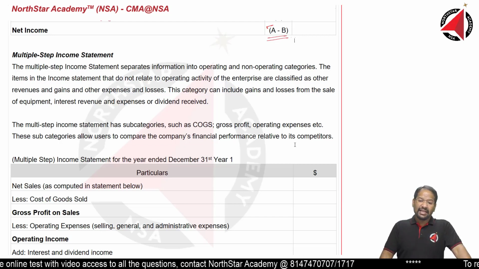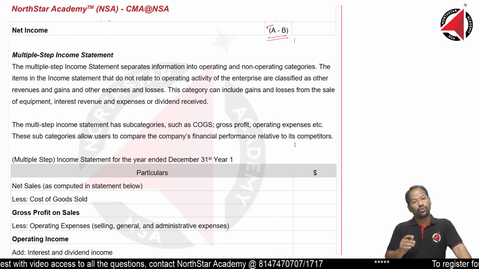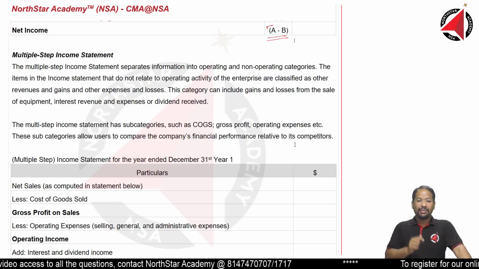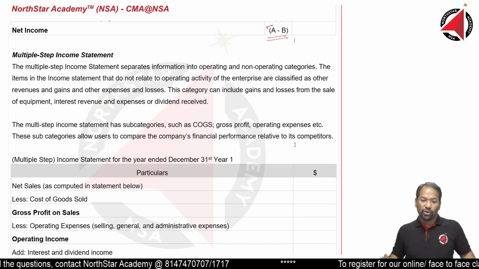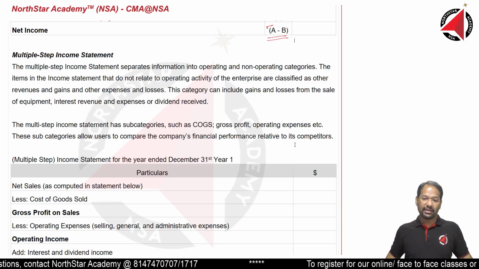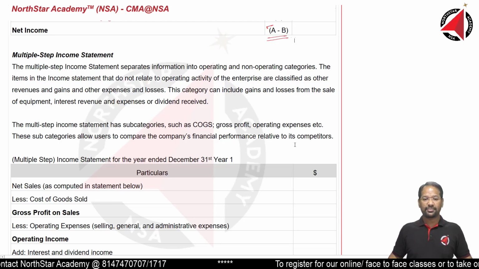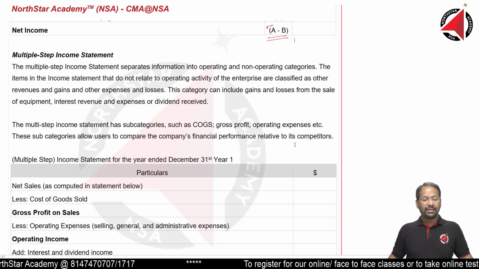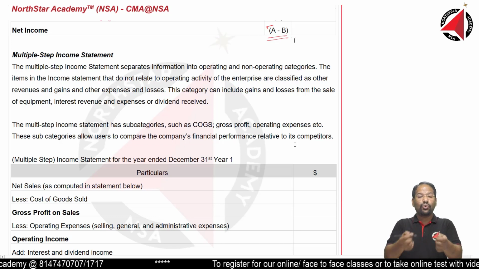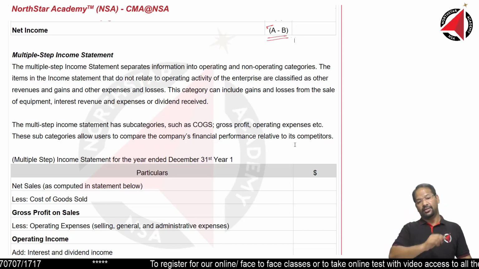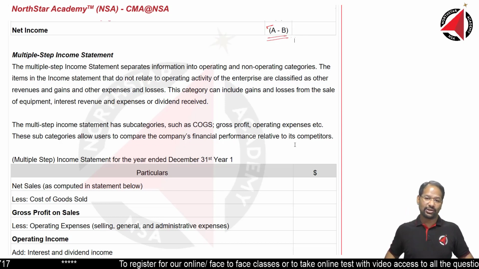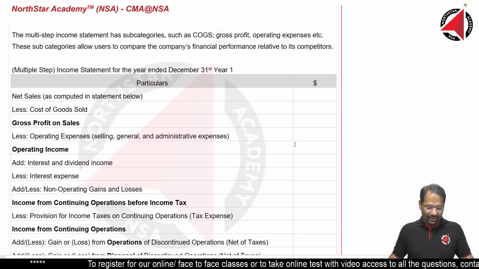Now, in the single step income statement, you will not know. You have to take the single step and calculate yourself to find out the gross profit. You have to calculate the operating income. You have to calculate everything. But in the multiple step income statement, the company itself gives you all the necessary information which you may need to make better decisions. Let's go into it.